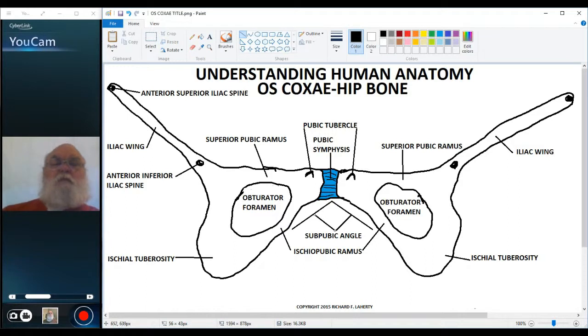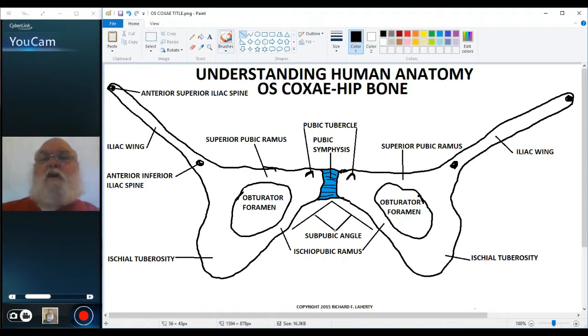Like so. So this is the subpubic angle, and we'll see that there are differences in this angle in male and female pelvis, and it is literally the angle formed by the two inferior pubic rami.